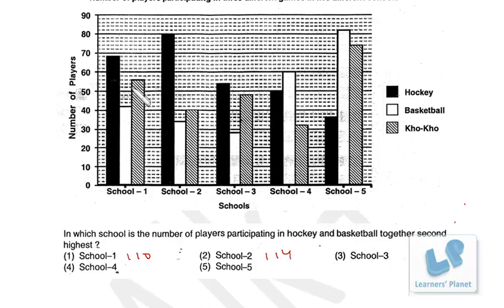School 3, it is 54 plus 28. School 4, it is 50 plus 60. School 5, it is 36 plus 82. So that's the highest. Then second highest is school 2, 114. Right?